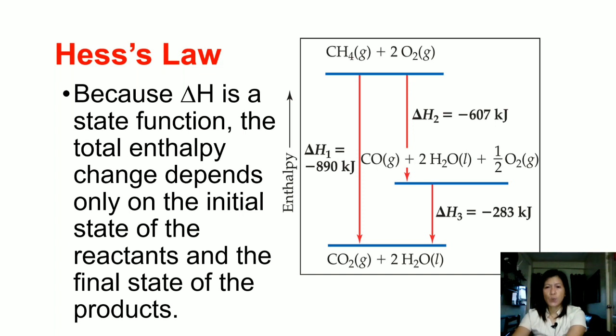So if it's one step, the enthalpy change of the reaction is negative 890 kilojoule. From the initial substances, methane and oxygen, to the final products, carbon dioxide and 2 moles of water, there is a release of 890 kilojoule.